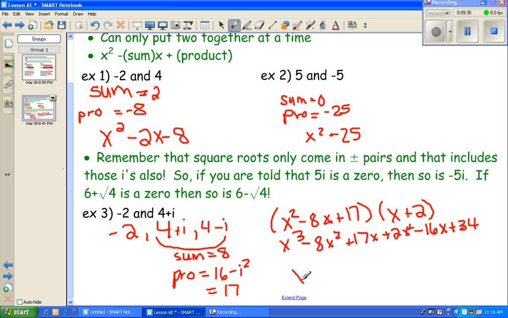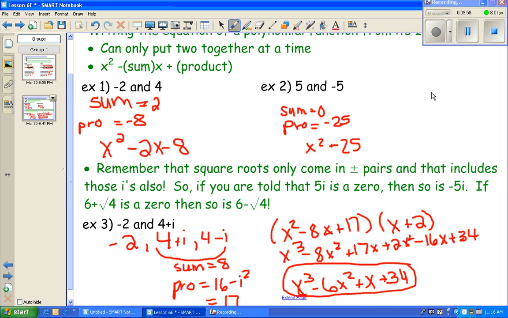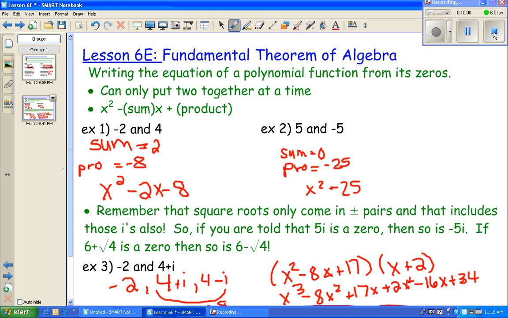And that works out to be x cubed minus 6x squared plus x plus 34. And that would be the polynomial that has those 3 zeros. So that's a nice little trick for being able to figure out a polynomial from the zeros.